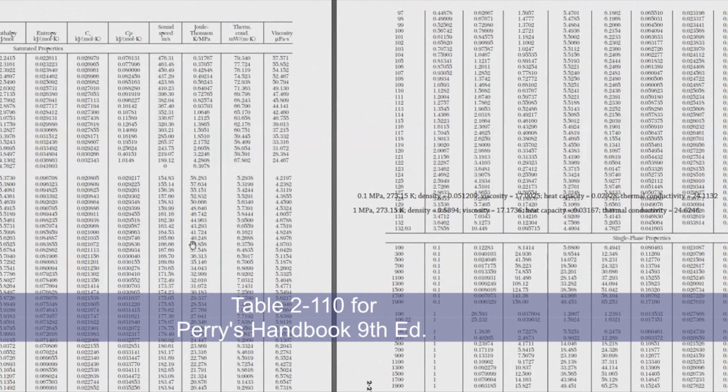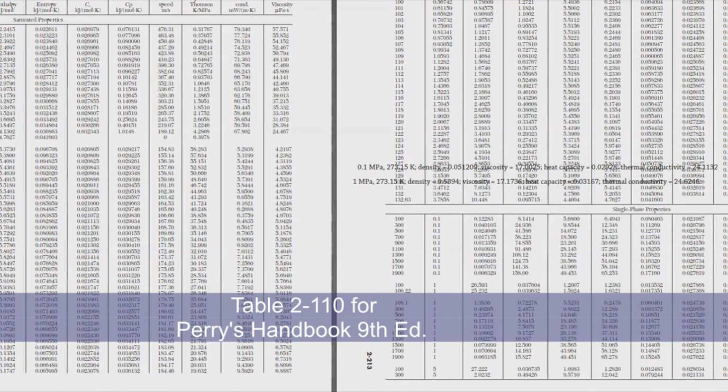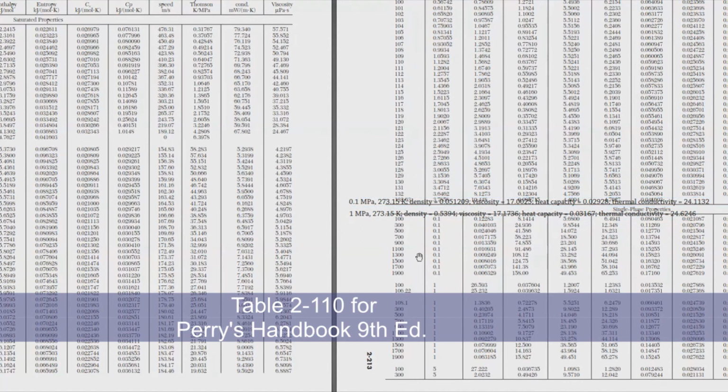So in this case, we will assume that the total pressure would be 101,325 pascals, or 0.101325 megapascals. But in our tables here, what we can see is just 0.1 and 1. Well, we can actually use the 0.1 megapascal since it is very close, but I want to be as accurate as possible, so we still need to double interpolate from these values and give as accurate a result as possible.